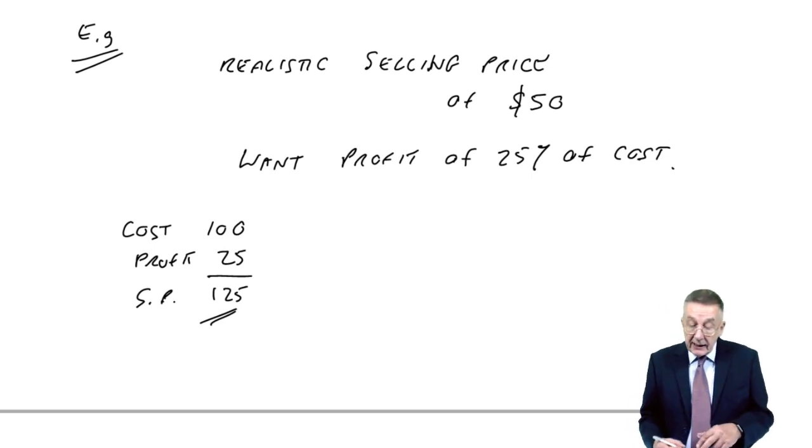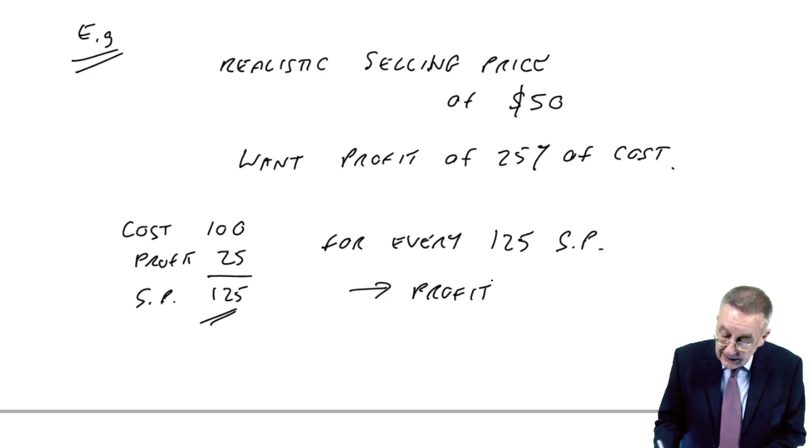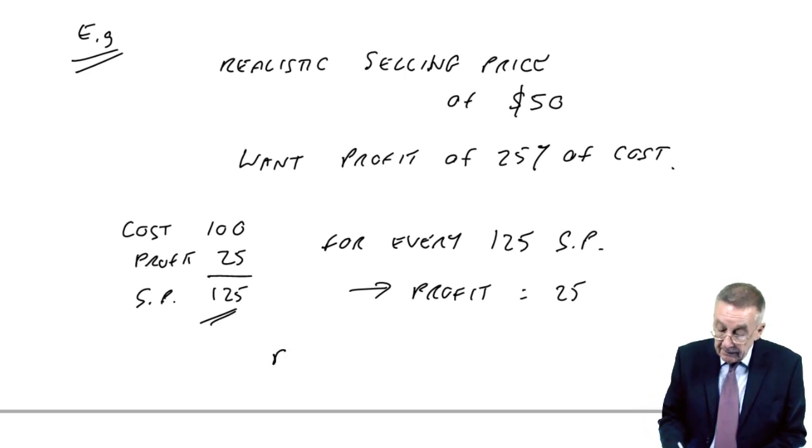Or looking at it the other way round, for every 125 selling price, the profit is 25. Well, our selling price is 50, so the profit we need, it's 25 for every 125.